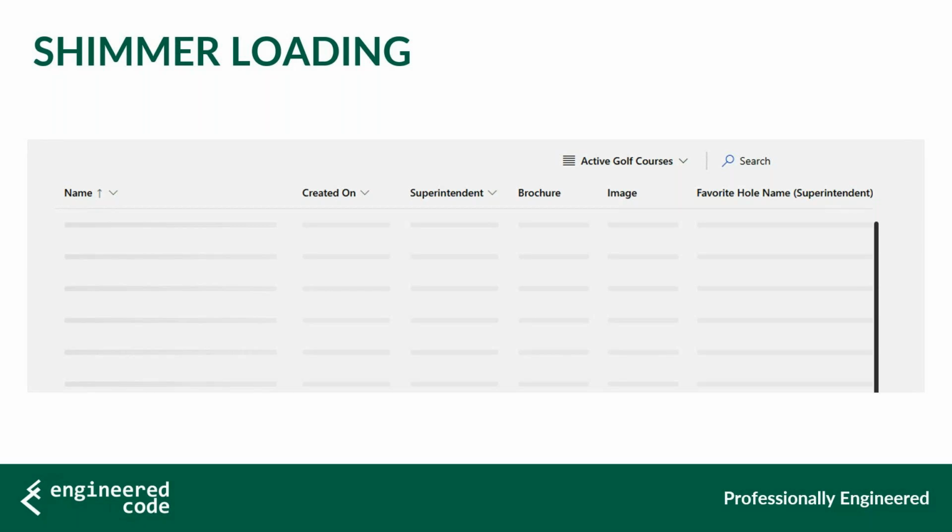Here you can see that even before we have the data, we're putting in placeholders to mimic where the data is going to be. That's what we mean by shimmer loading. Rather than a loading spinner, you've got this indication that something's going to appear here. It's not quite ready yet, but something's coming.